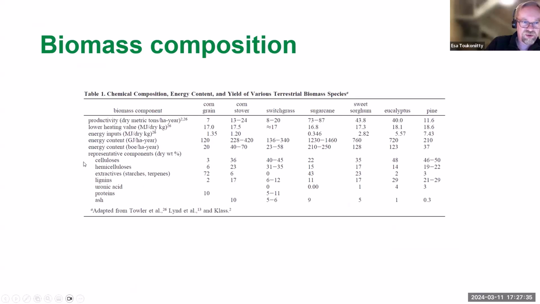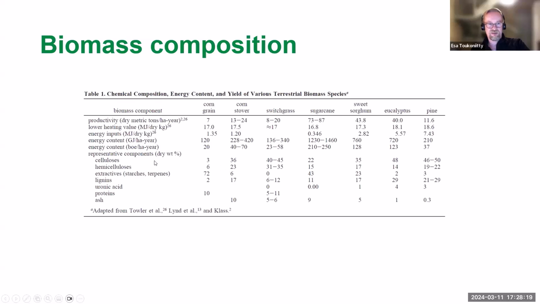This table I showed you already, the lower left corner of this material. Here, just to compare, we don't need to go through this in detail, but what I want to show is the biomass composition. Here you'll see different types of corn, different types of grass, sugarcane, eucalyptus and pine. This sweet sorghum, I'm not sure what it is, but in any case, different types of trees and plants, and you'll see that the composition varies quite a lot.